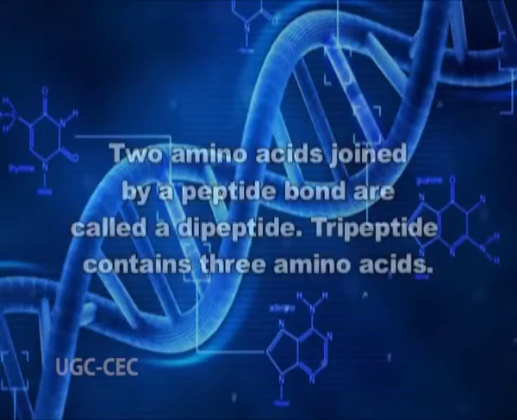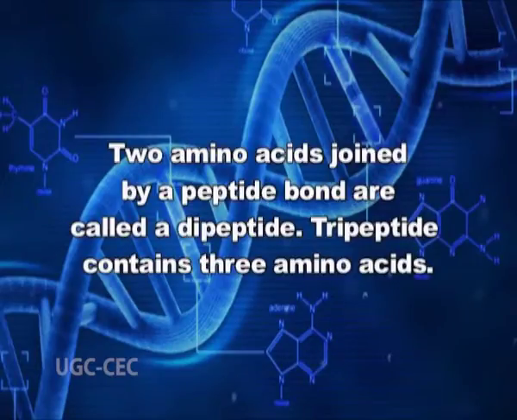This is a dehydration synthesis reaction, also known as a condensation reaction, and usually occurs between amino acids. The resulting CONH bond is called a peptide bond and the resulting molecule is an amide. Two amino acids joined by a peptide bond are called a dipeptide. Tripeptide contains 3 amino acids.